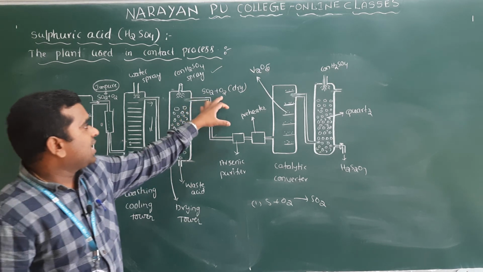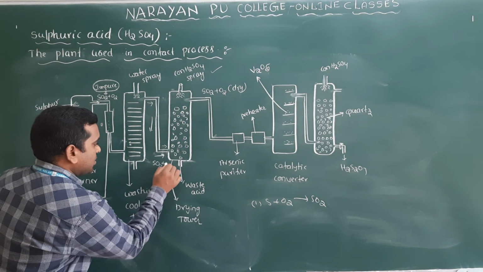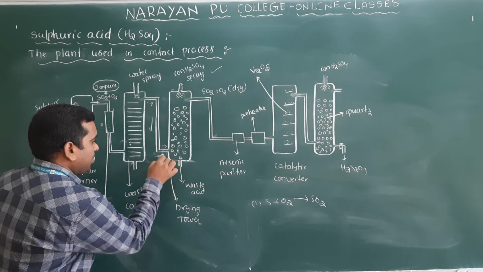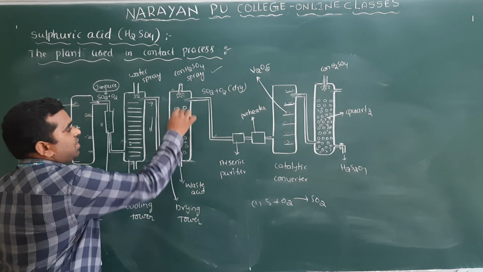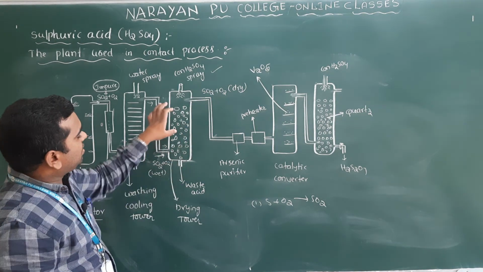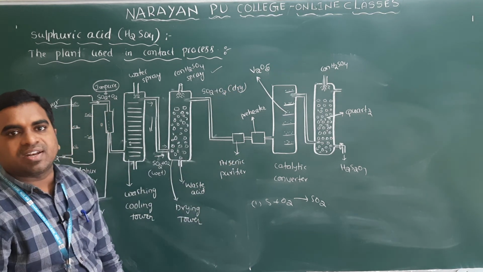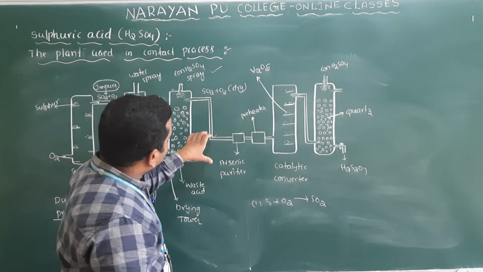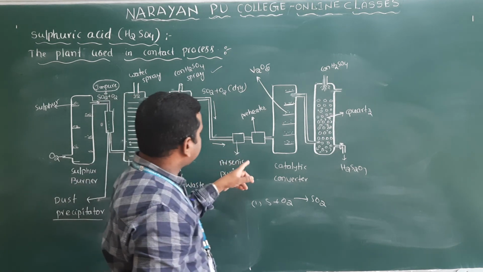Previously they were wet; after coming into the drying tower they become dry. Then we will pass this SO2 and O2 into the arsenic purifier.